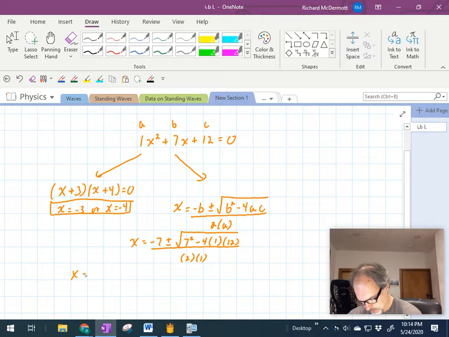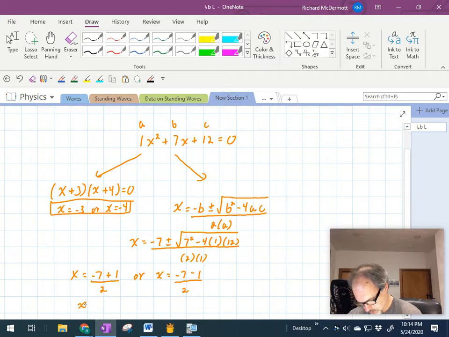So we now have x is equal to negative 7 plus, now we've got 49 minus 48. That's going to be the square root of 1, which is just 1, divided by 2. Or x is equal to negative 7 minus the square root of 1, which is 1, divided by 2.